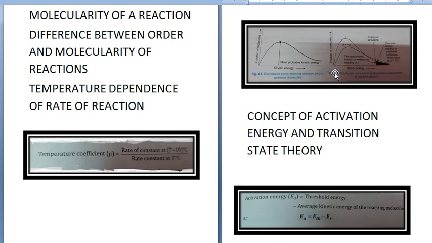Similarly, this graph is showing distribution curve of temperature dependence of rate of reaction. The black portion is the area which shows the fraction of molecules reacting at T, and the shaded portion above it shows the fraction of additional molecules which react when the temperature becomes T plus 10.